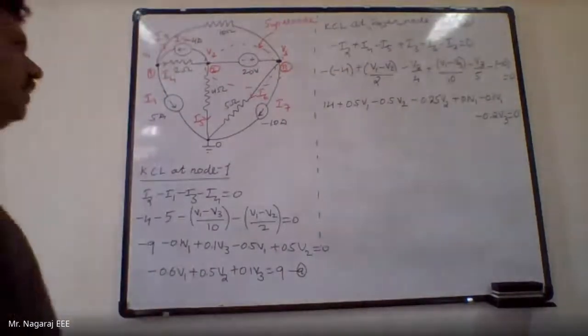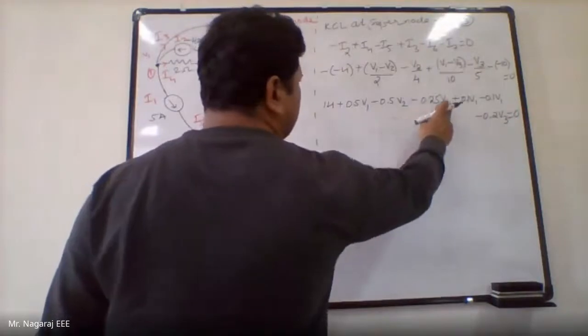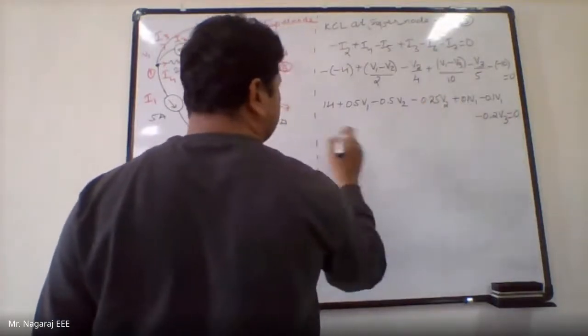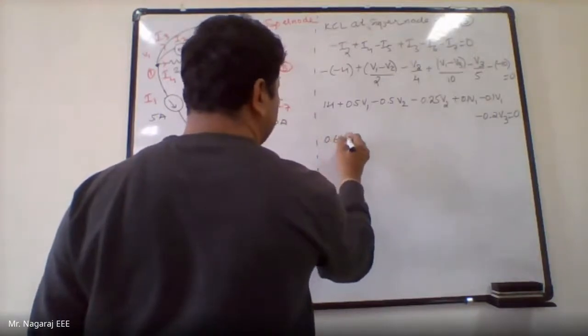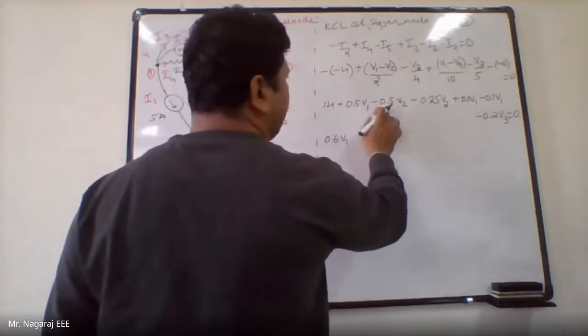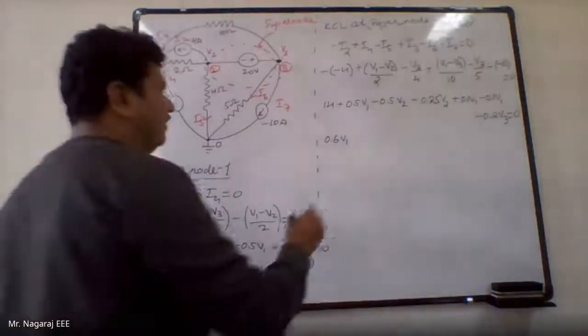So this comes out to be 0.5 V1 plus 0.1 V1, so this is 0.6 V1, minus 0.5 V2 minus 0.25 V2, that is minus 0.75 V2.